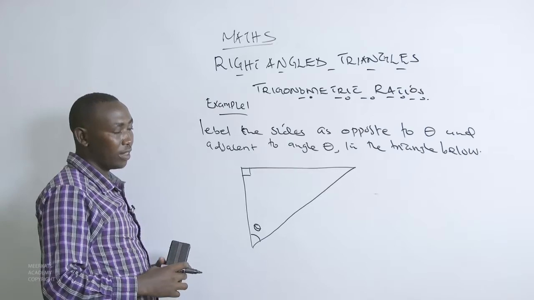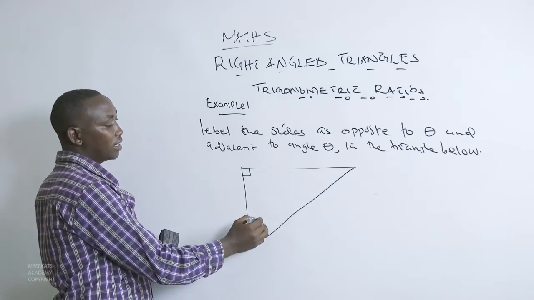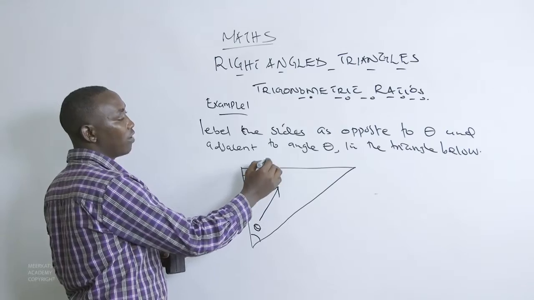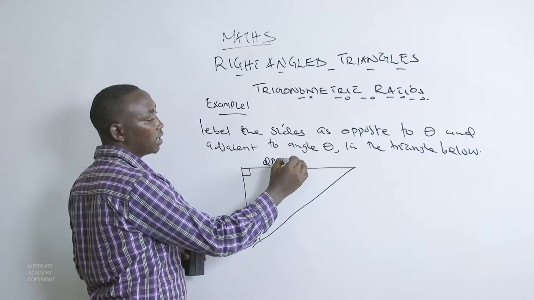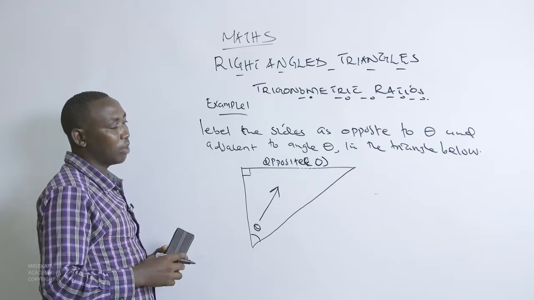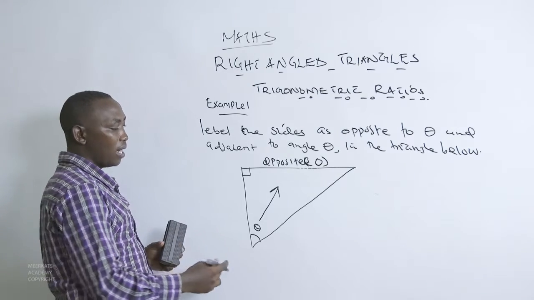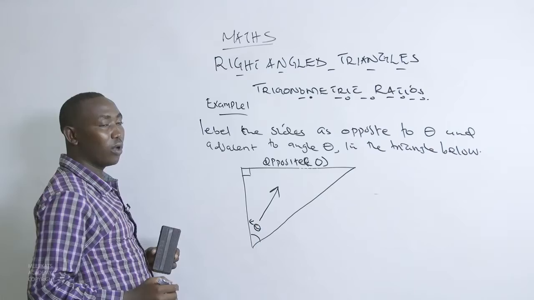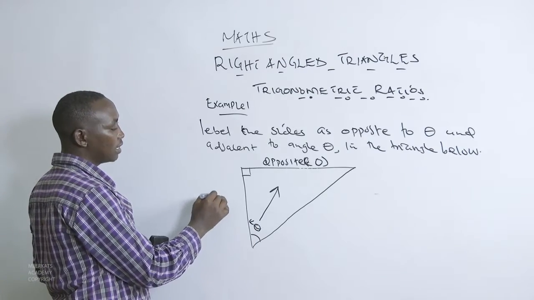our angle theta. We had said that the side that is directly opposite to the angle will be referred to as the opposite side of that particular triangle, while the side that is adjacent to this particular angle will be referred to as the adjacent.